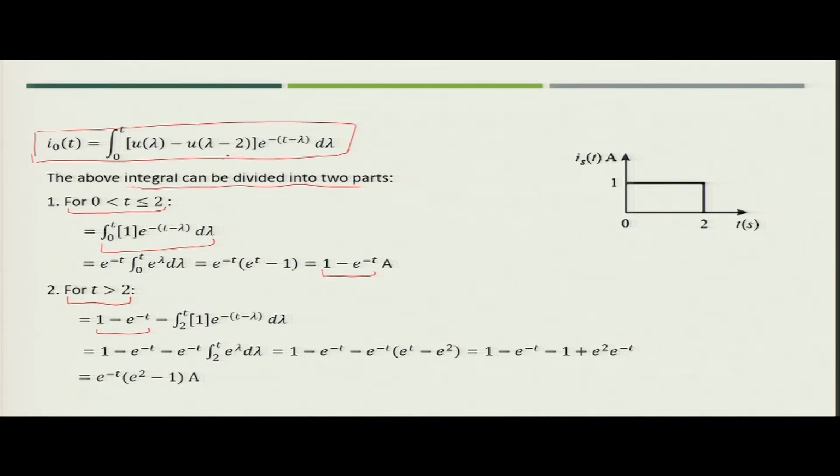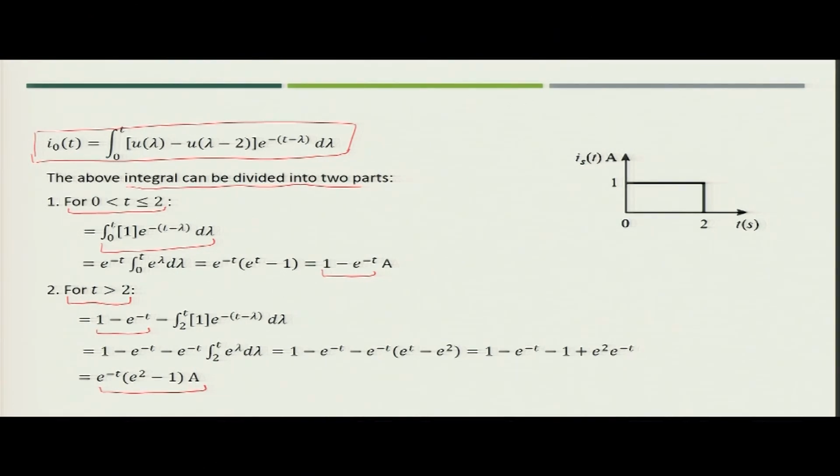We know this will have value 1 when lambda is ranging between 2 to t. So, we change the integral limits from 2 to t, this value becomes 1, and then e to the power minus t minus lambda d lambda. If you solve this and simplify, you will get the current I at time t greater than 2 as e to the power minus t into e square minus 1 ampere.